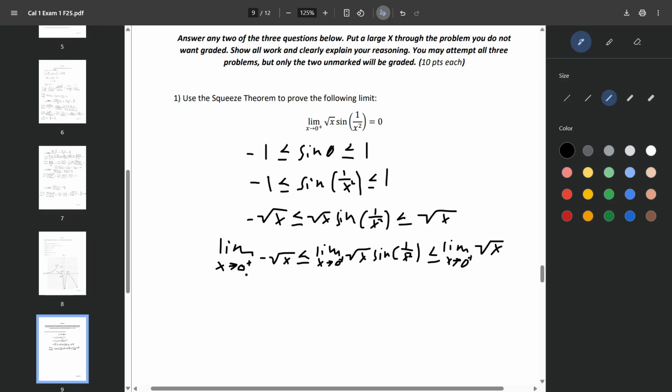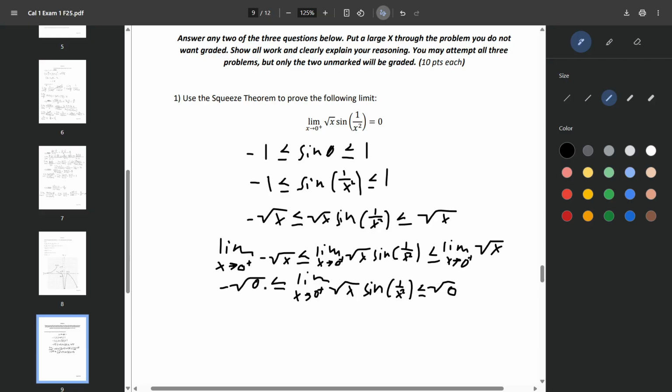And then for the non-trig part of the equation, you will apply your limits. So in this case, negative root 0 is less than or equal to the limit as x approaches 0 from the right of root x times sine of 1 over x squared, which is less than or equal to root 0.